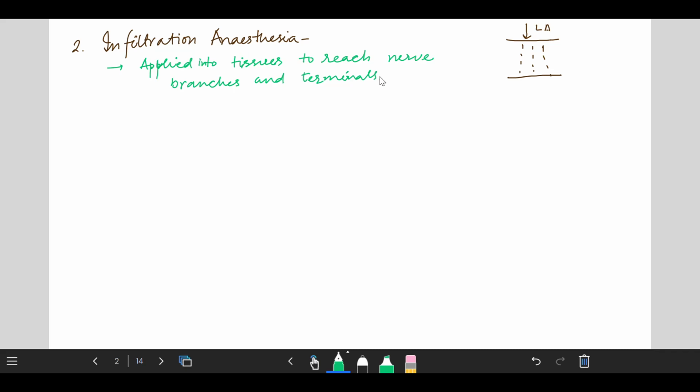And this kind of local anesthetic can be given intradermally, subcutaneously, or submucosally.